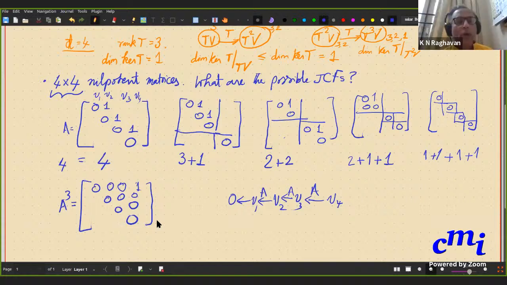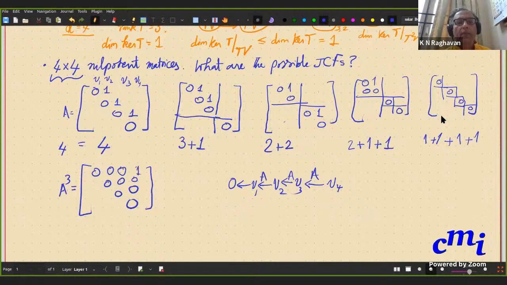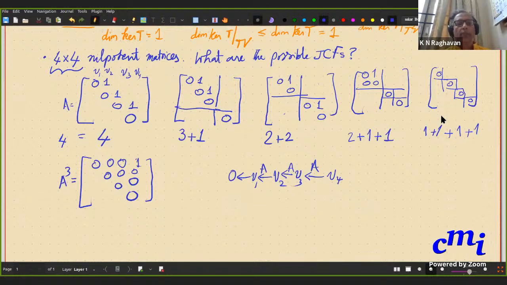I mean, you should not always multiply matrices necessarily. This is something you should use from the way you construct matrices attached to linear transformations.